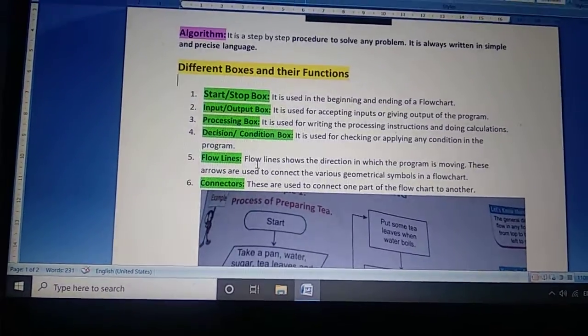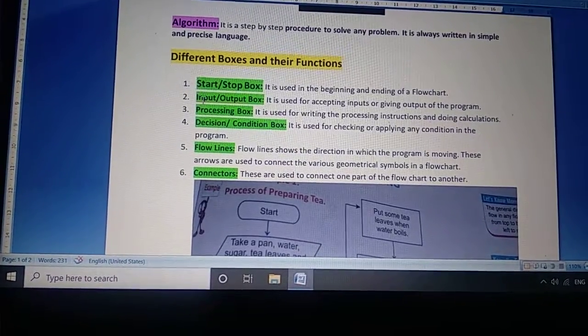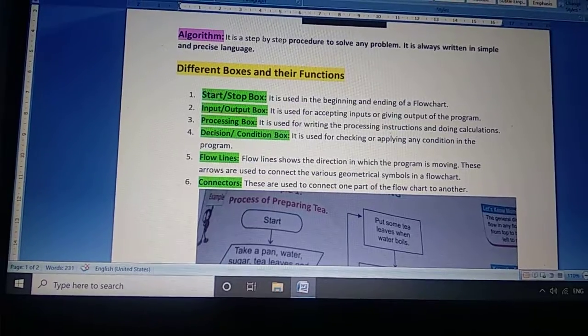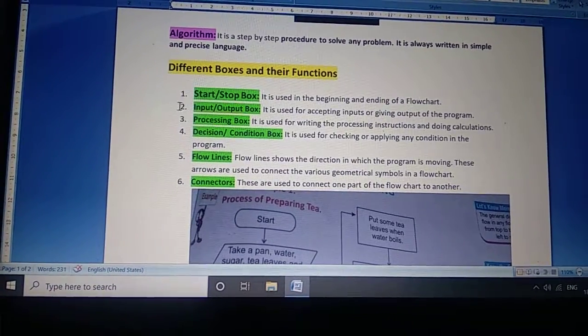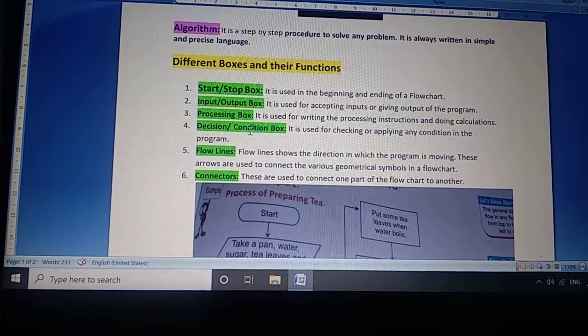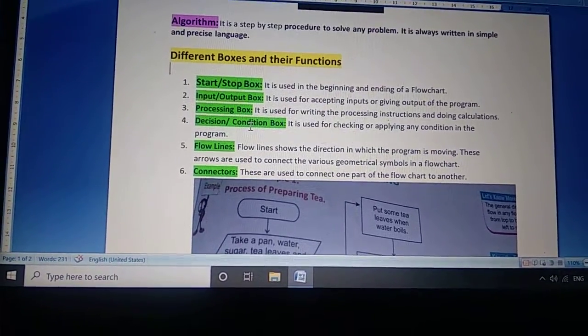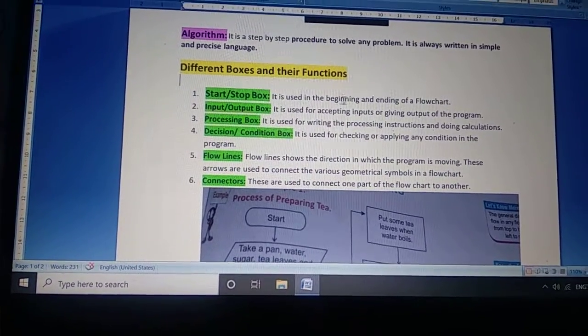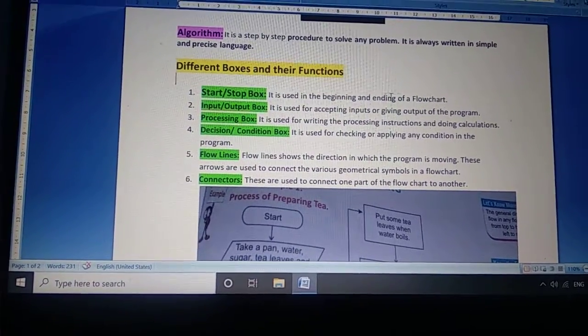Next, different types of boxes. There are 4 different types of boxes. First is the start and stop box, second is the input box, third is the processing box, and fourth is the decision and condition box. The start and stop box is used in the beginning and at the ending of the flowchart.